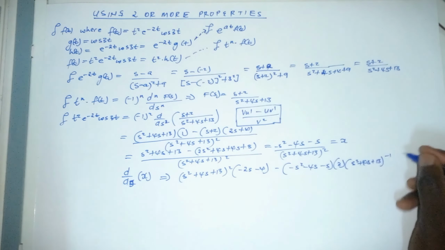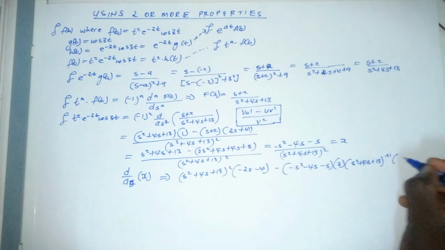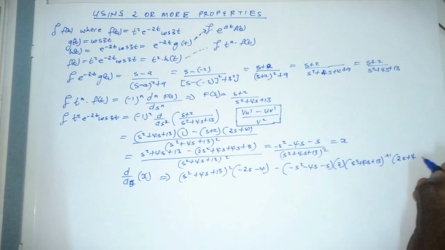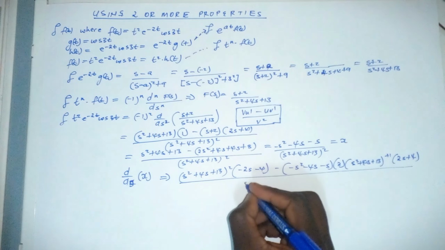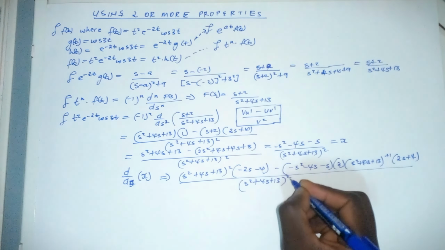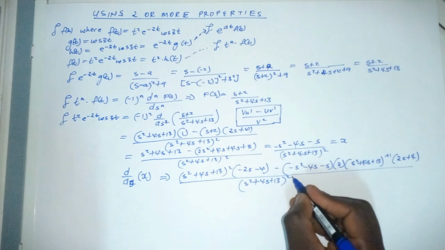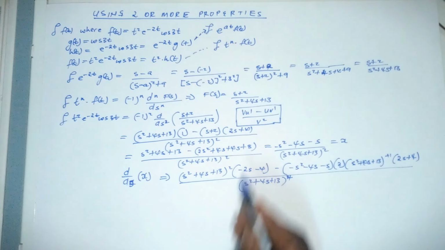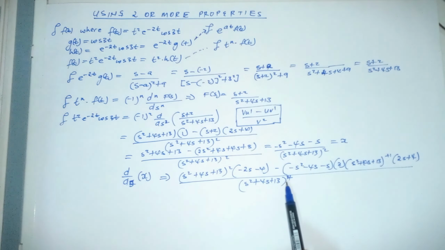I'm going to drop the power, so I'm left with positive 1 times the inner derivative, which is 2s plus 4. Okay, and we're going to divide this by (s squared plus 4s plus 13) to the power 4, since I'm saying v squared, and v is this to the power 2. So if you square it, we're going to get this to the power 4.